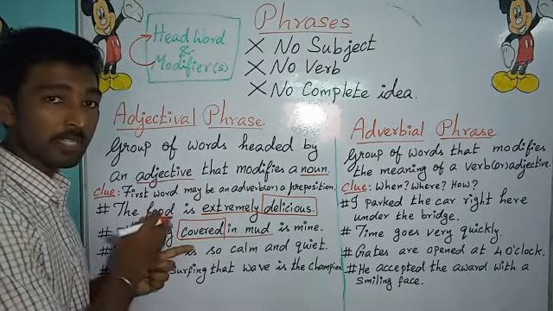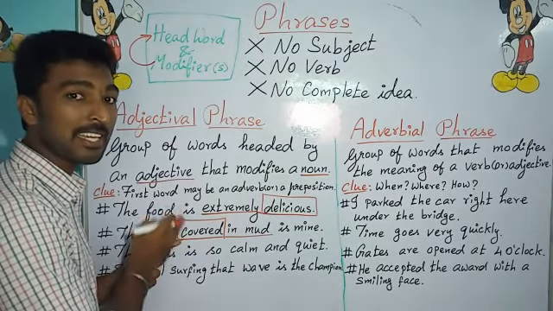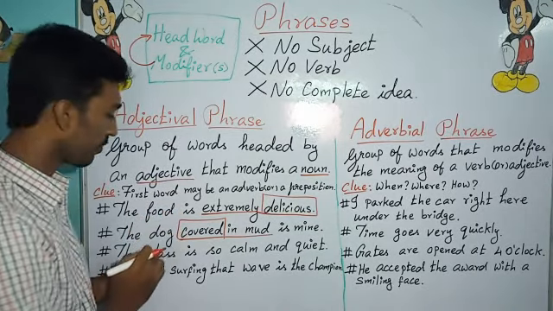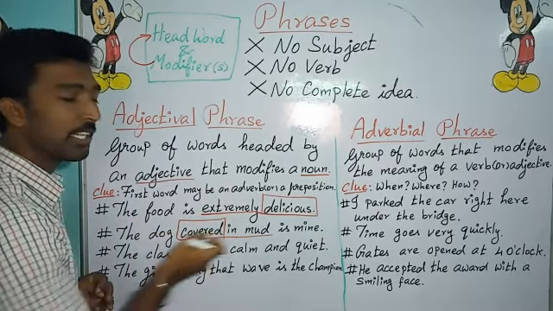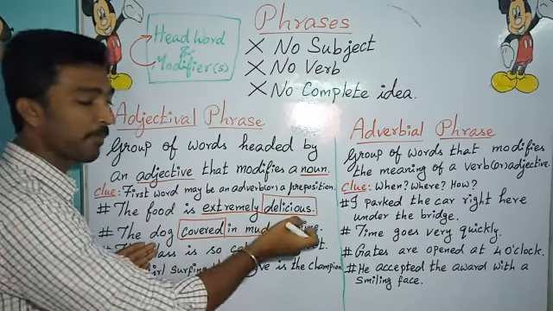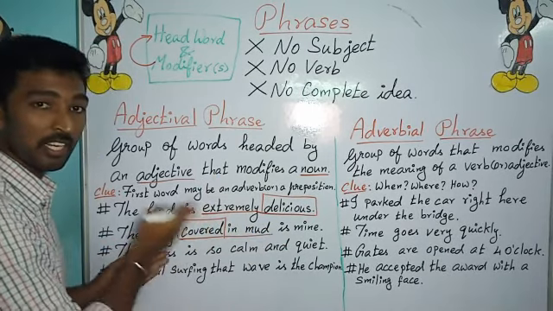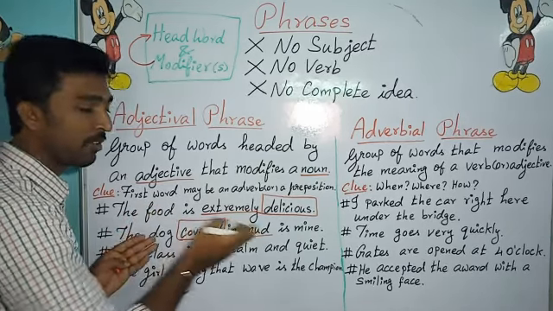Covered is a past participle word. Here it acts as an adjective. So the head word is covered. Covered in mud is an adjectival phrase. The dog covered in mud is mine. It modifies the noun. They are talking about the dog which was covered in mud.